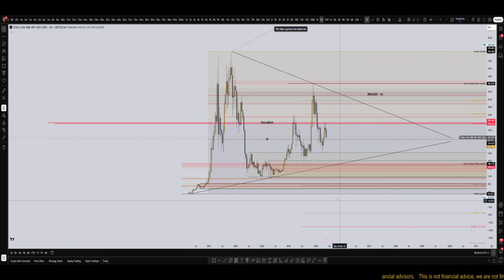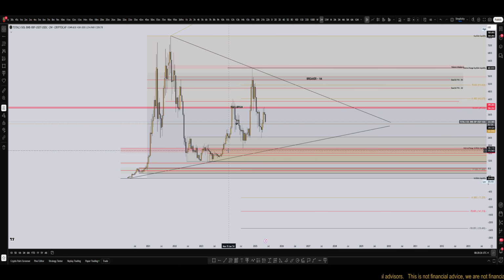Am I missing anything here? I really need to take my time and see things for what they are. So this was retested. You can see that this break area was retested.